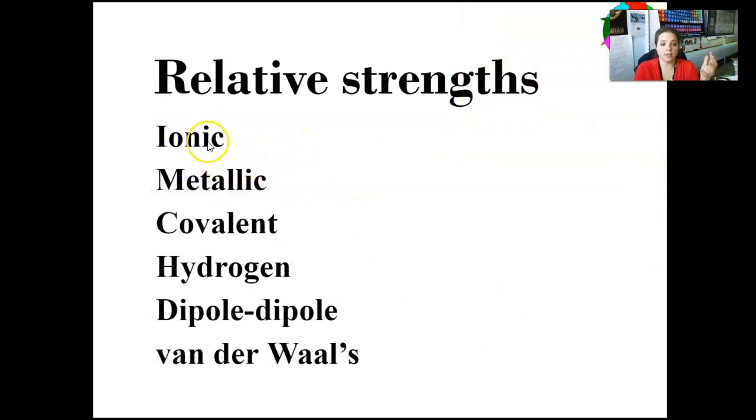So looking at this, you have ionic, metallic, then covalent. Ionic is the strongest. It's hard to break. Metallic is flowy, so it flows through all of these. So it's not as strong as ionic. And then you've got covalent, where they're sharing.